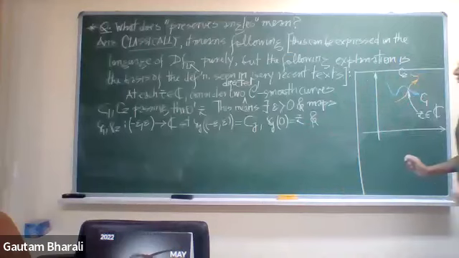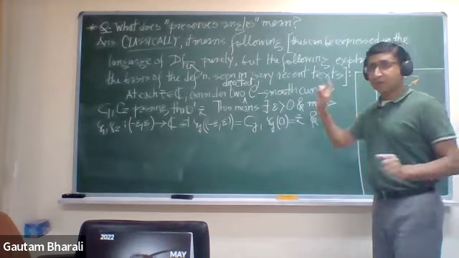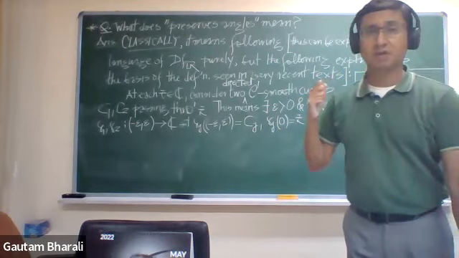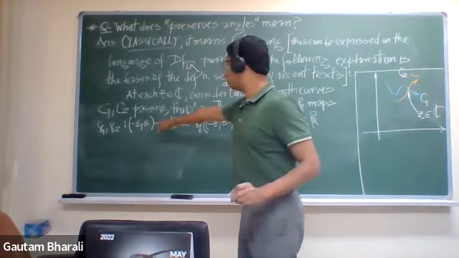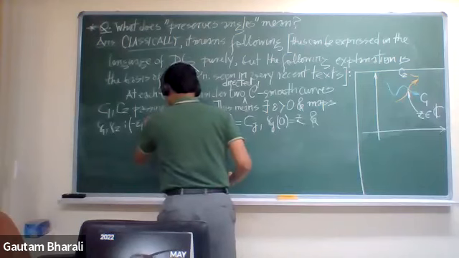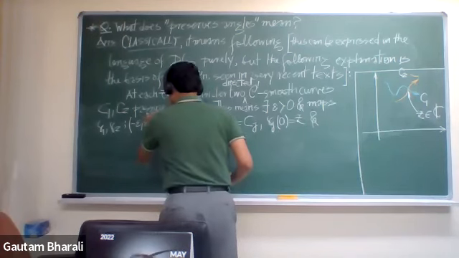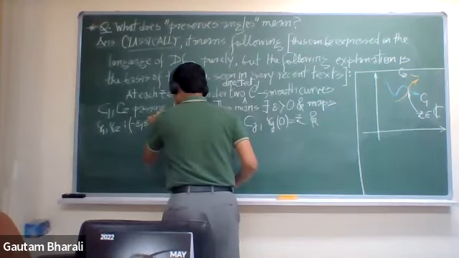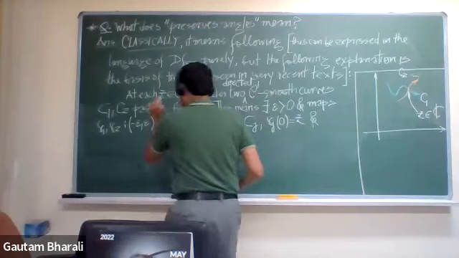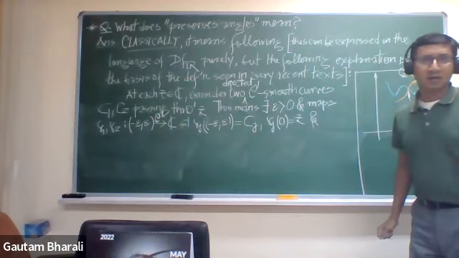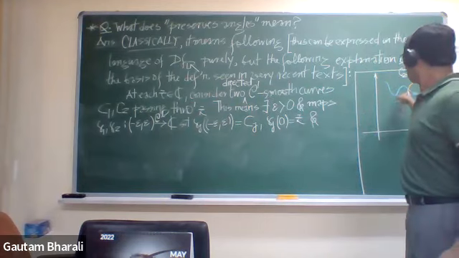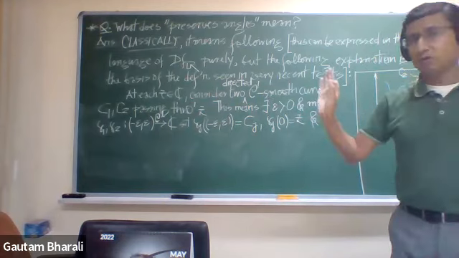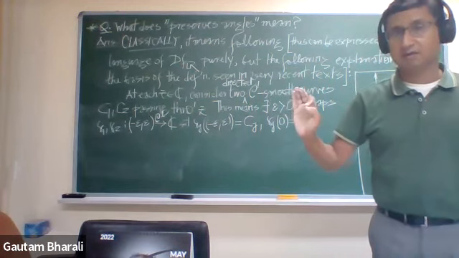And now this is the crucial thing. I want directed smooth curves. So I don't just want this parametrization to be C1. So gamma 1 and gamma 2 are of class C1. But I don't just want them to be of class C1. C1 and C2 shouldn't have any corners, any angles.